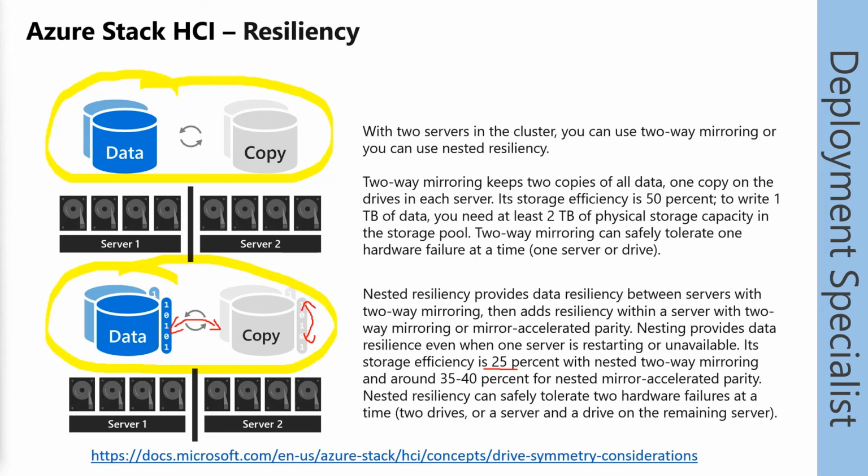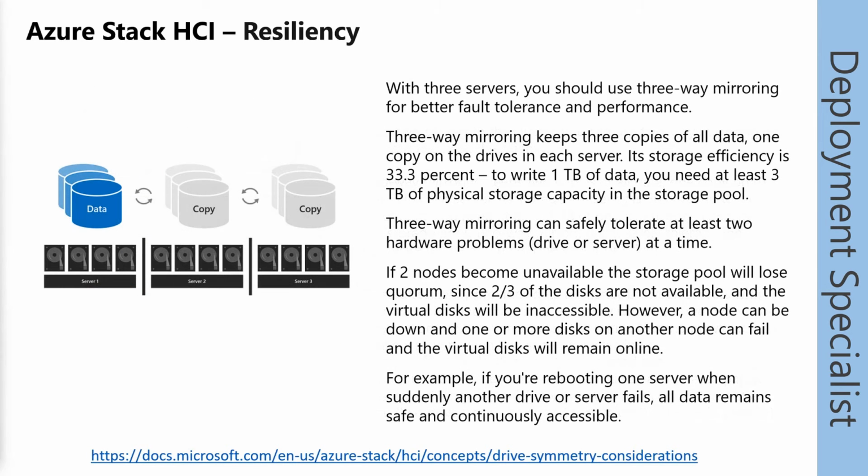In the three-node configuration, we have the 3-way mirror for redundancy. This means we have the 3 data copies we have seen before when I explained the cache. This means we have 33% usable capacity.